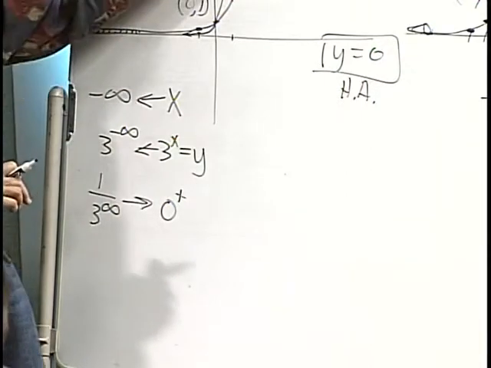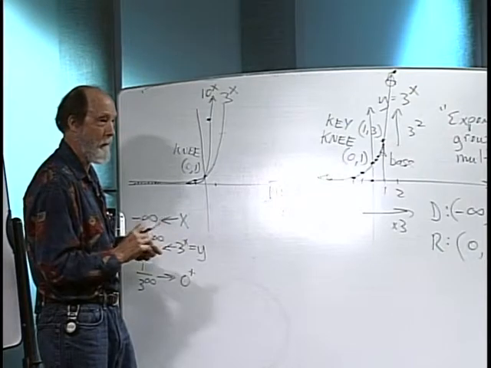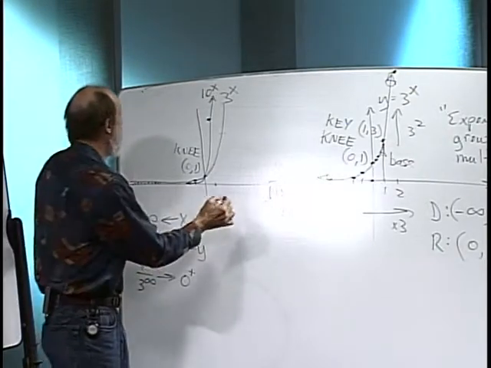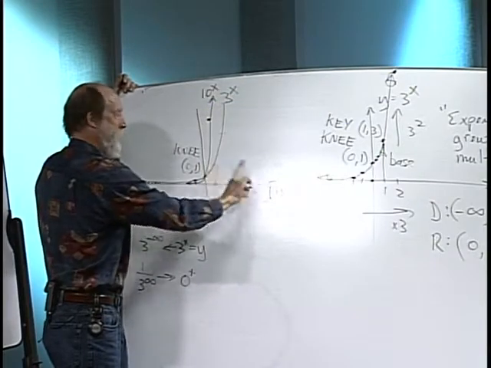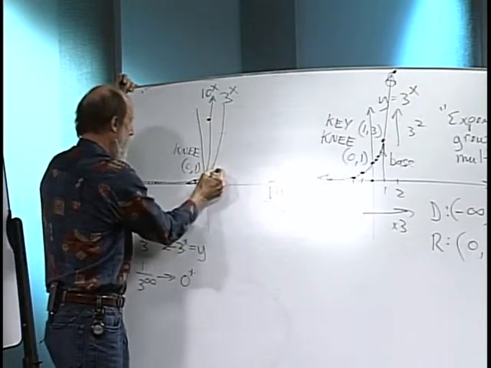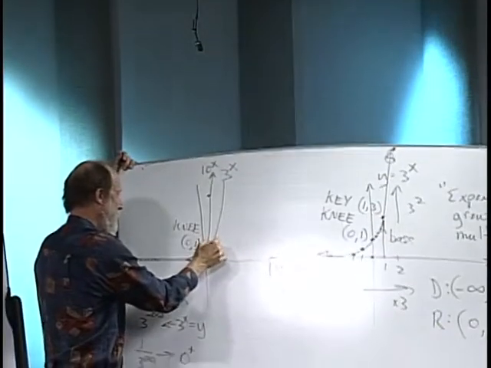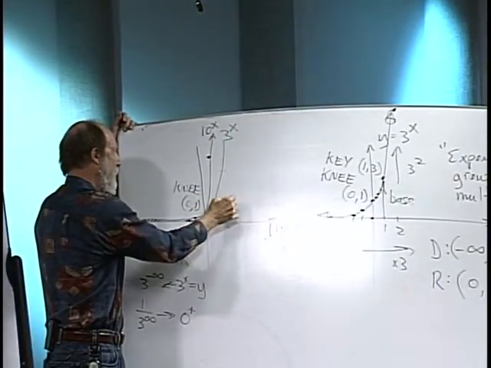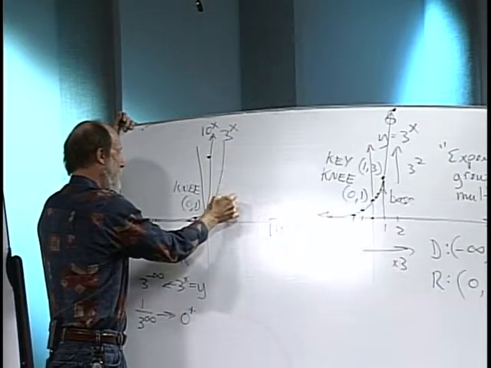All right, let's do a different base. Let's do a base of 2. If I do a base of 2, it's going to be below this 3 to the x graph off on the right here, isn't it? When I'm at 1, it's going to be up at 2 instead of at 3. And when I'm at 2, it'll be at 4 instead of 9. Right?